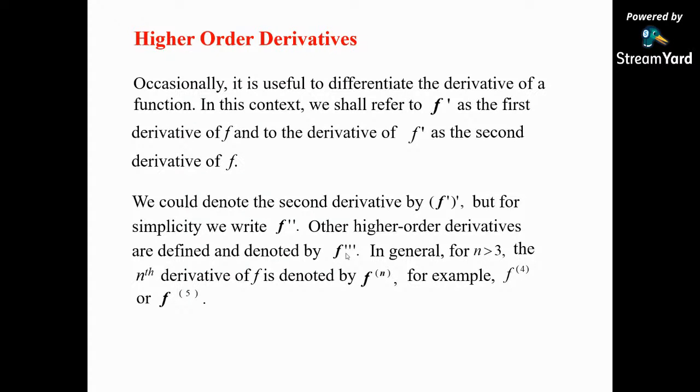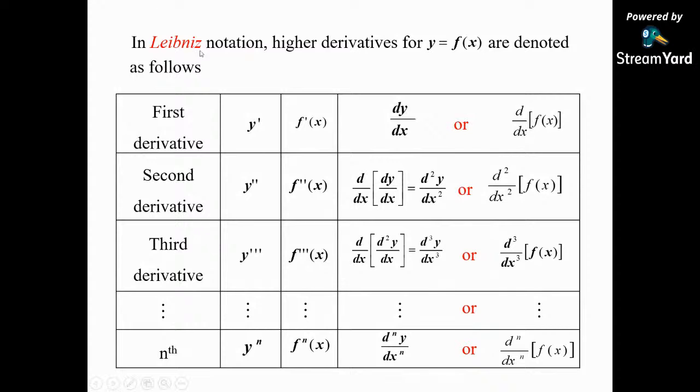Okay, so now let us see this table. Basically the first derivative, you can write as y prime, or f prime of x, or dy over dx, or d over dx of f of x. So this is y double prime, the second derivative, f double prime.